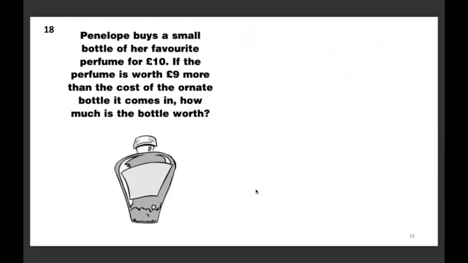Penelope buys a small bottle of her favorite perfume for 10 pounds. If the perfume is worth 9 pounds more than the cost of the ornate bottle it comes in, how much is the bottle worth? The cost of the perfume is 9 pounds more, and the total is 10. So between 9 and 10 the difference is 1.